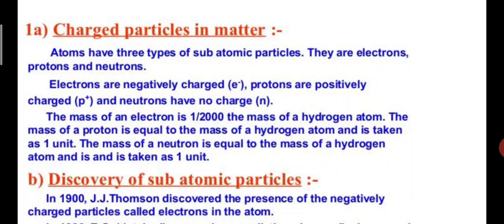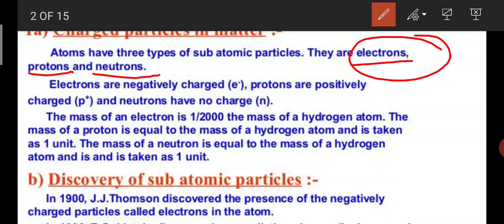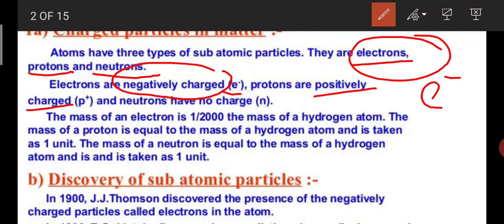First of all, atoms have three subatomic particles: electron, proton, neutron. Electrons are negatively charged and represented by e minus. Protons are positively charged and denoted by p plus.